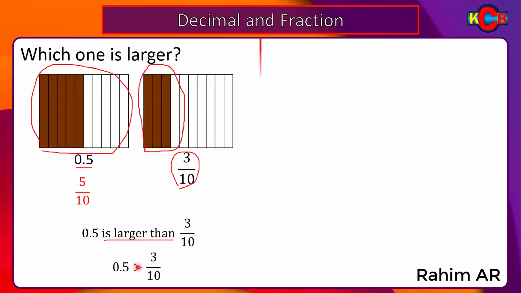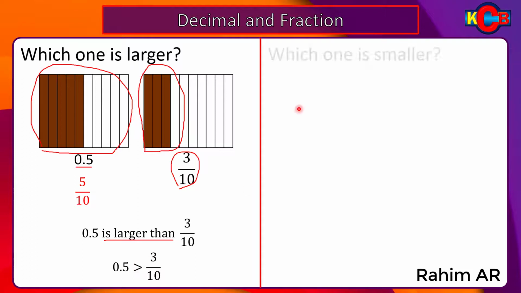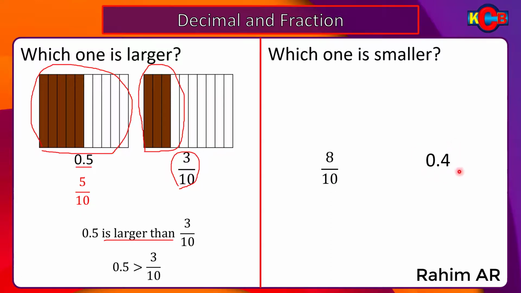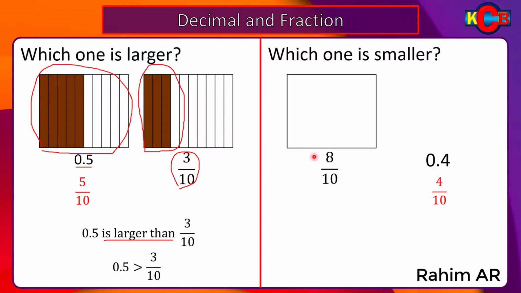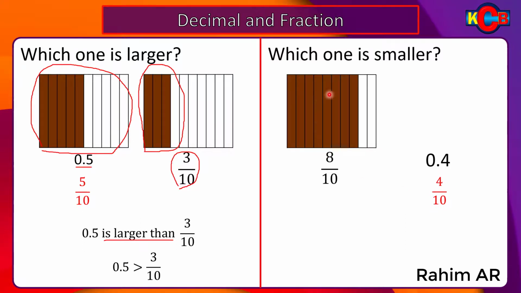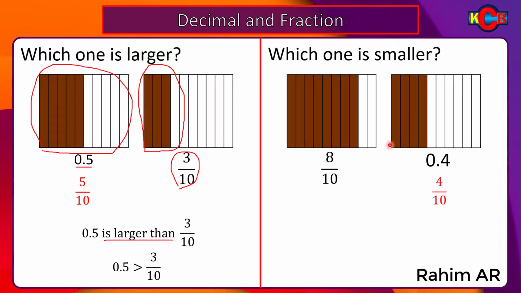Next. Which one is smaller? Between 8 tenths and 0.4. Now, we change 0.4 into 4 tenths, into a fraction. Now, 8 out of 10 equal parts and 4 out of 10 equal parts.